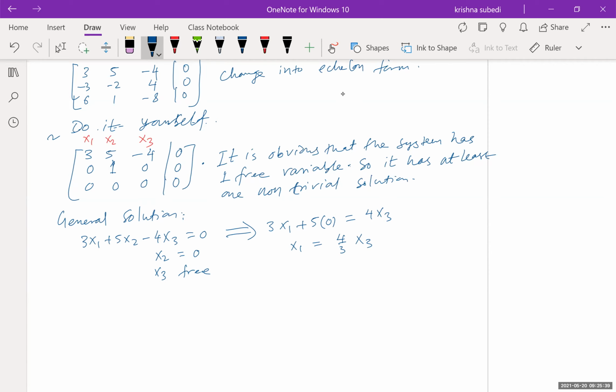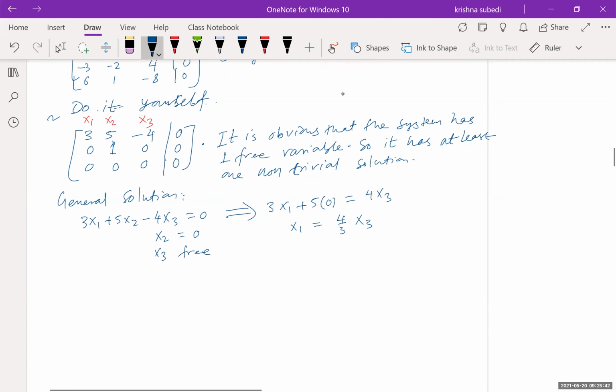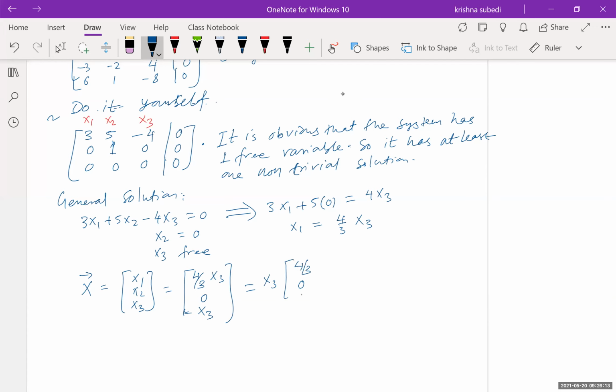So if I want to write this in nice form, what I can do is my x will be x1, x2, x3. So x1 is 4 over 3 x3, x2 is 0, and x3 is, well, let me write x3 here as it is. So that means if you put the x3 there, you're going to get 4 over 3, 0, and 1.